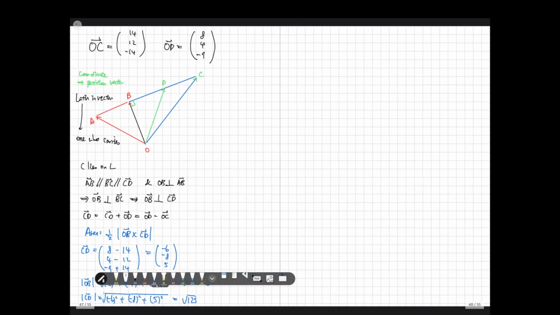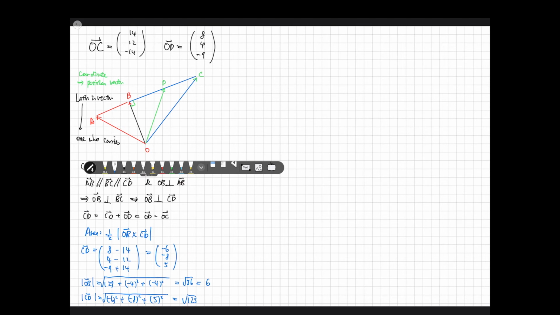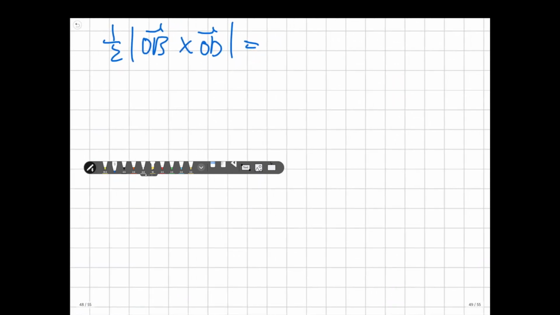Okay, so now we have half of OB times OD, that is equal to half of OB times OD and sine theta, right?